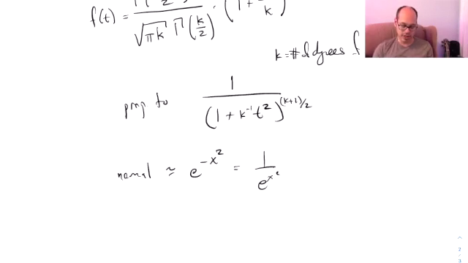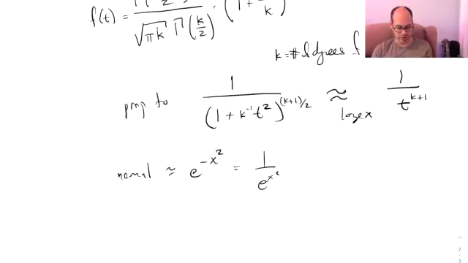Whereas this thing, for large x, this probability density function looks something like 1 over x to the k plus 1. If x was our variable, we're calling it t for sociological reasons. Okay, so 1 over x to the k plus 1, that decays, not super fast. It's a polynomial kind of growth, this x to the k plus 1. The normal distribution has this exponential action in there.